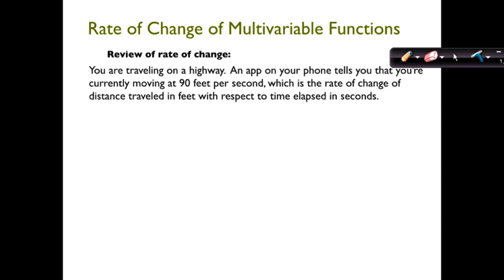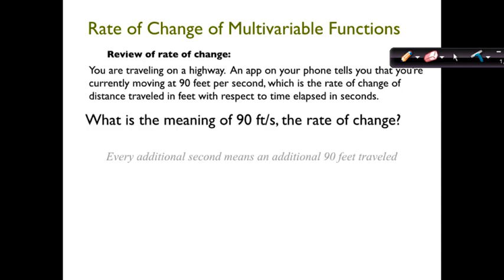So talking about a change in seconds. Good, okay? So does it mean that every additional second that goes by means an additional 90 feet traveled? Does it mean that? Okay, but is that the broadest meaning? Is that all we know about 90 feet per second? Yeah. All right, it's a constant rate of change. That's true, constant rate of change.